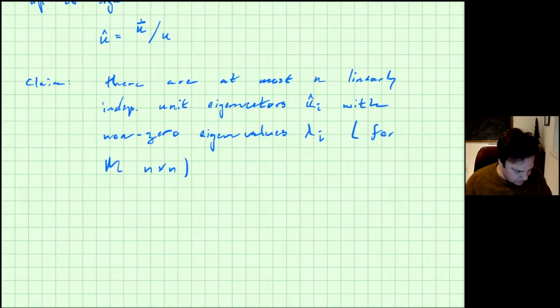And the number that you actually get, so there's at most n of them, is called the rank.